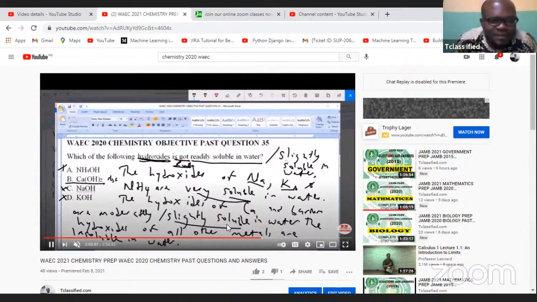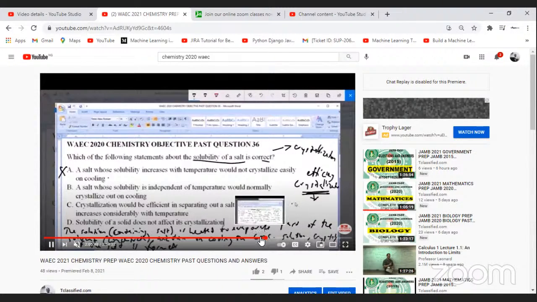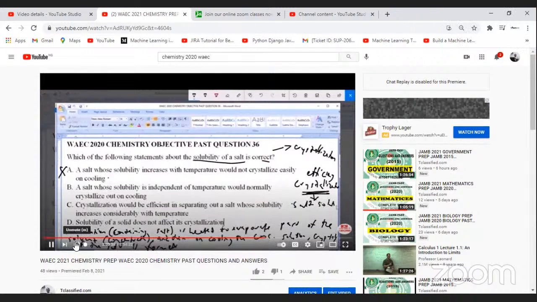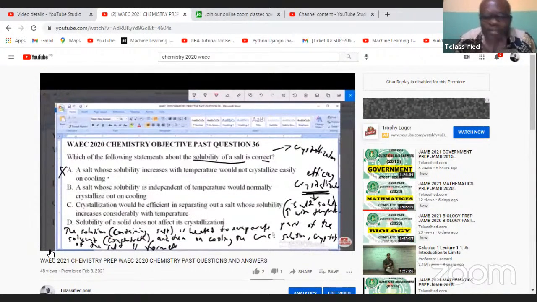Okay, so let's move forward. NH4OH, ammonium hydroxide, is also very, very soluble in water. It's ionic.